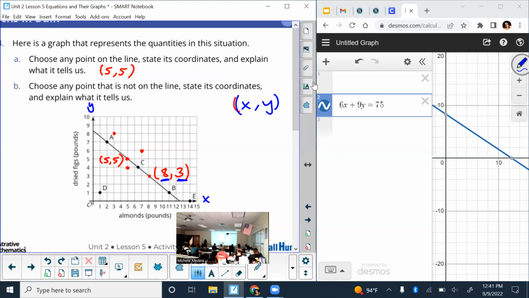What did we say the X represents? What did we say the Y represents? So when I'm reading the coordinate 5, 5, that is 5 what? When I'm reading the coordinate 5, 5, what does that tell me in the real world example?